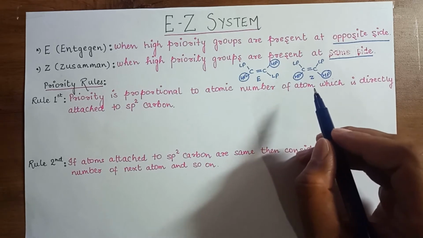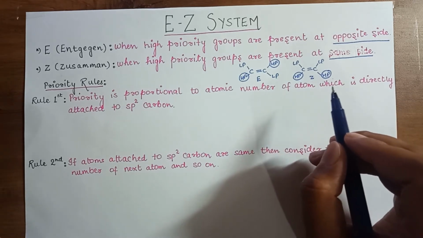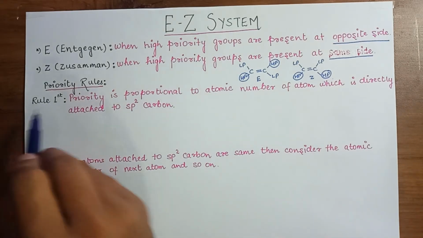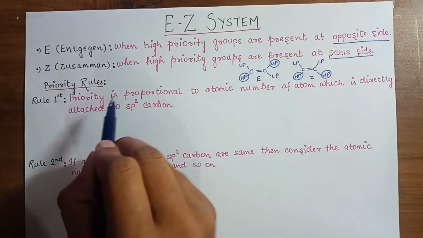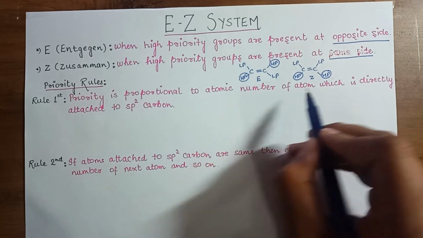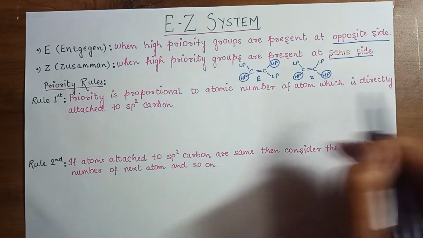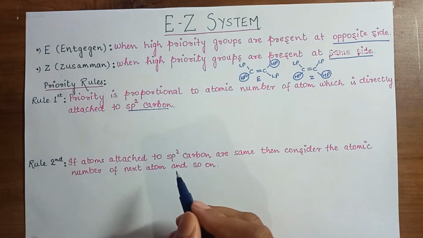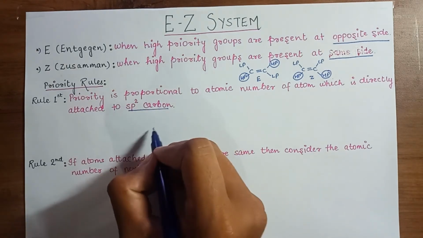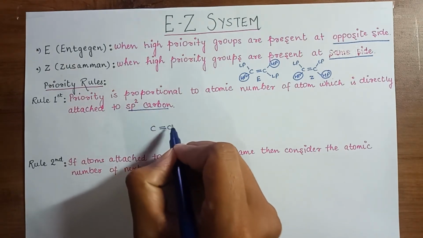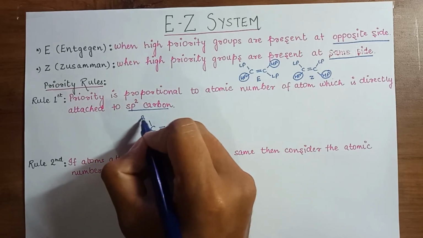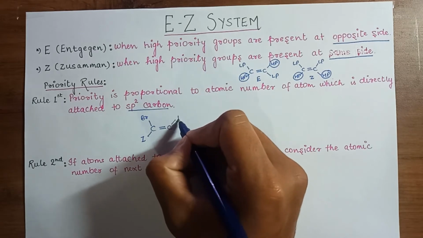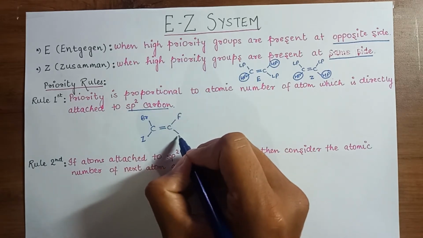So let us discuss the rules on how to identify high priority groups and how to name E and Z. The first rule is that priority is proportional to the atomic number of the atom directly attached to the sp2 carbon. We'll understand this rule by taking an example. C double bond C, Br, iodine, fluorine and chlorine.